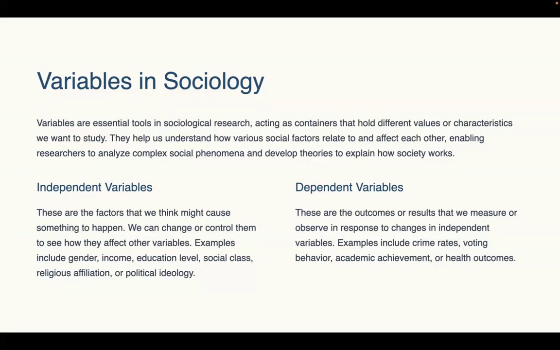Let's take an example of the caste census. What will be the independent variable in the caste census? The independent variable can be the property ownership. The impact can be the academic achievement, educational attainment, health outcomes.